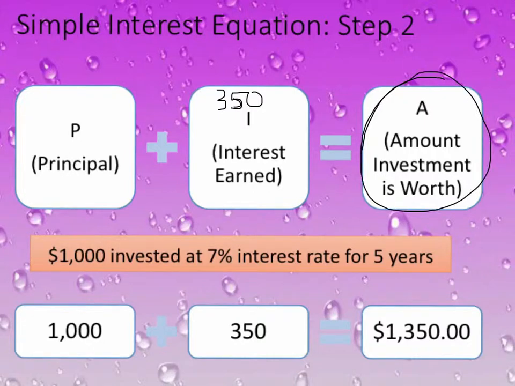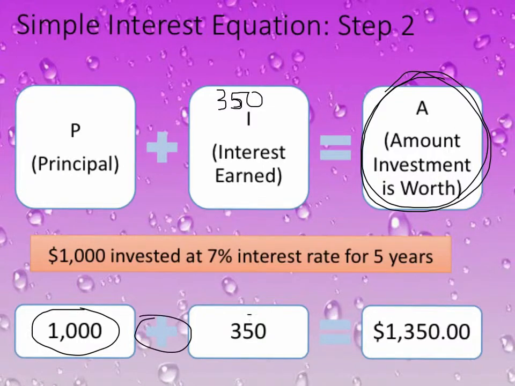So what money are you walking out with? What are you making at the very end? If you take $1,000 and add that to $350, this is what you have. So you took $1,000, you put it into an account. It earned a 7% interest rate for 5 years, and at the very end, combined, you have $1,350.